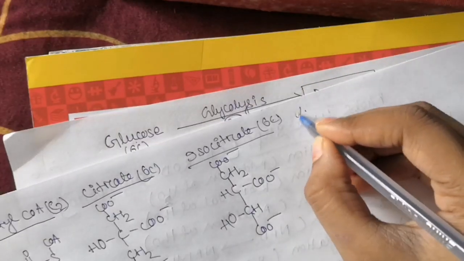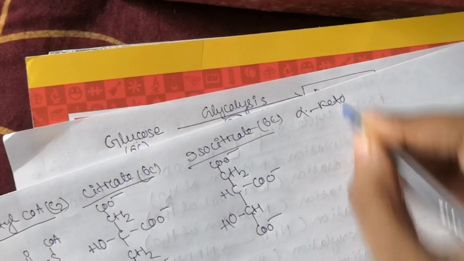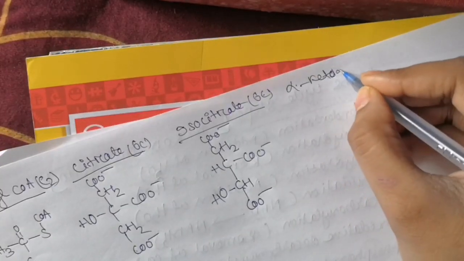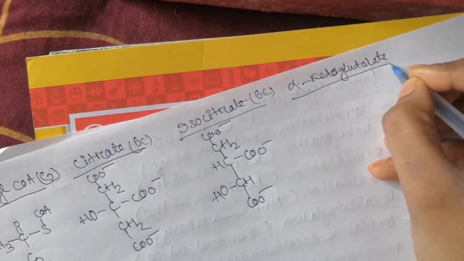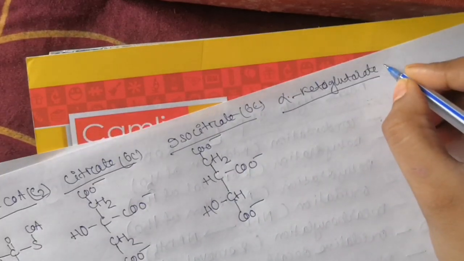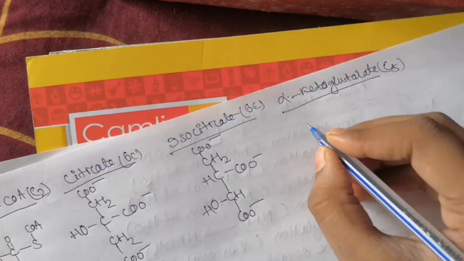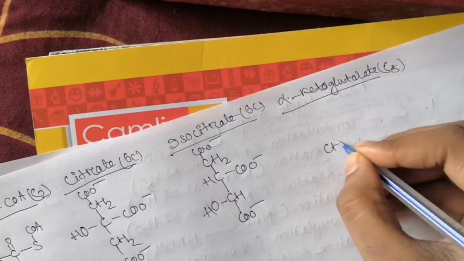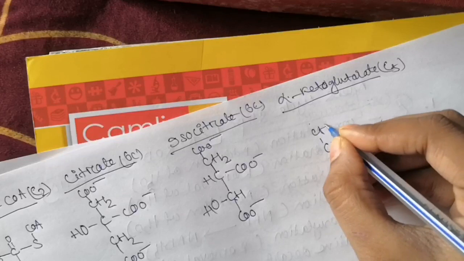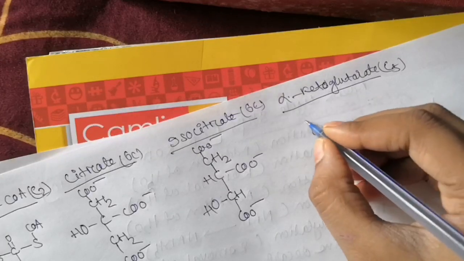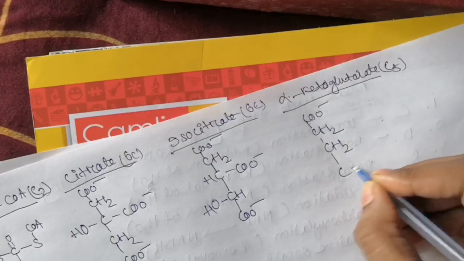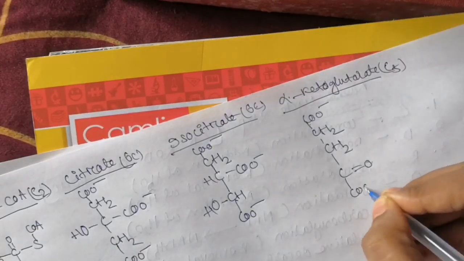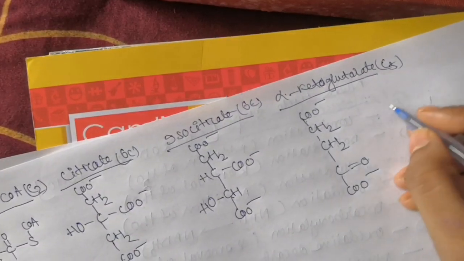Next is alpha ketoglutarate, which is 5 carbon. The structure is CH2, CH2, COO minus, C double bond O, COO minus.